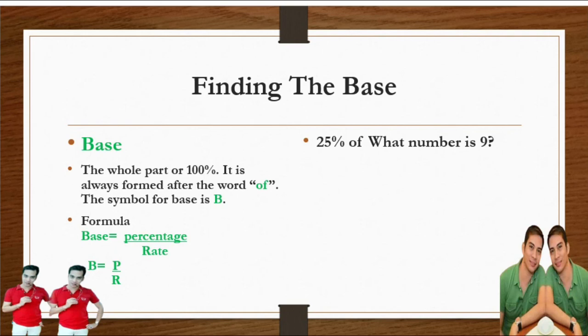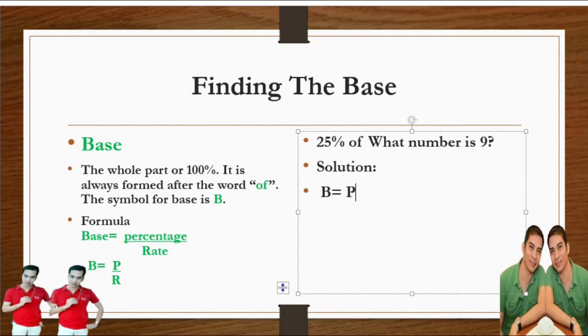So for example, 25% of what number is 9? The solution, the formula is B equals P divided by rate. Then, the percentage is 9 over 25%.